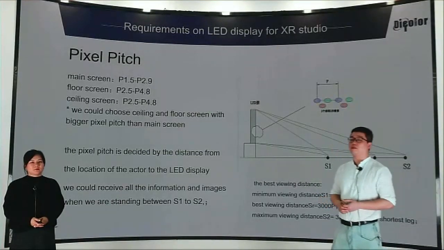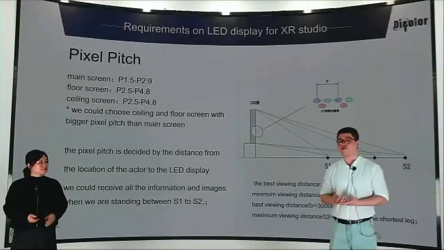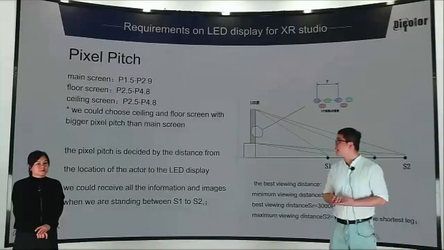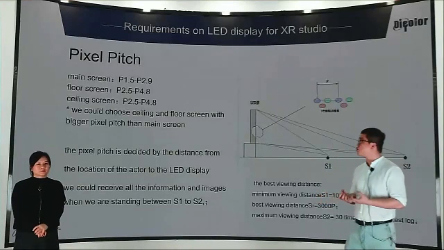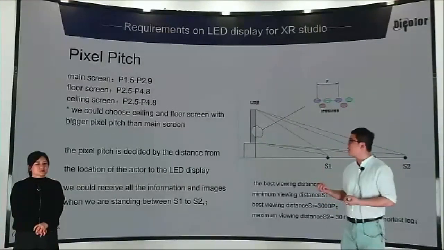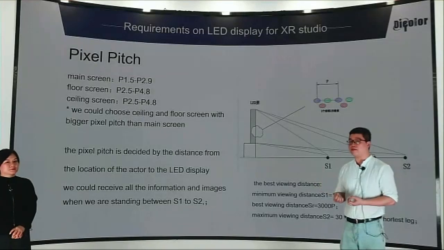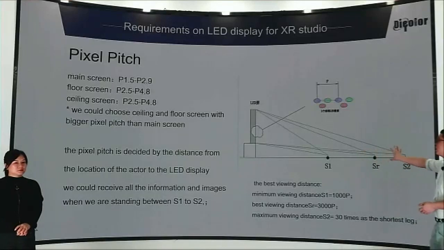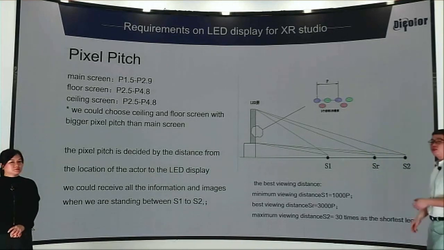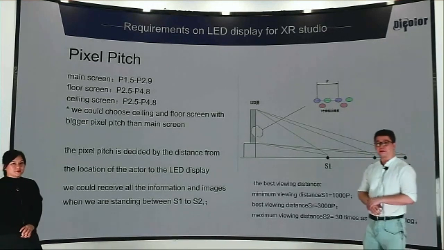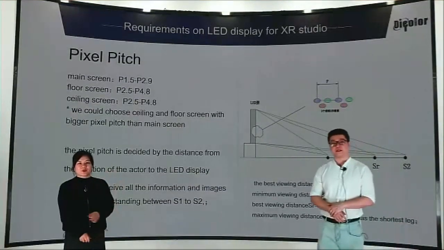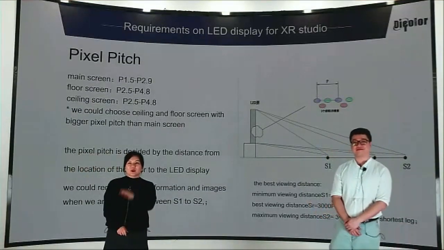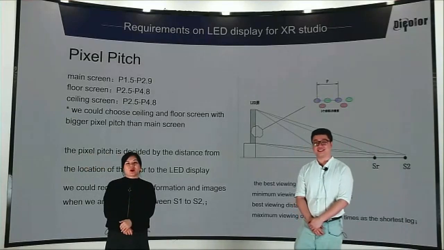And ceiling screen, normally we will use 2.5 to 4.8. We normally choose ceiling and floor screens with bigger pixel pitch than main body screens. And also we can see these photos. The pixel pitch is decided by the distance from the locations of the actors to the LED displays. So if you have any questions, you can text us, and we have our sales and technicians to answer questions online.